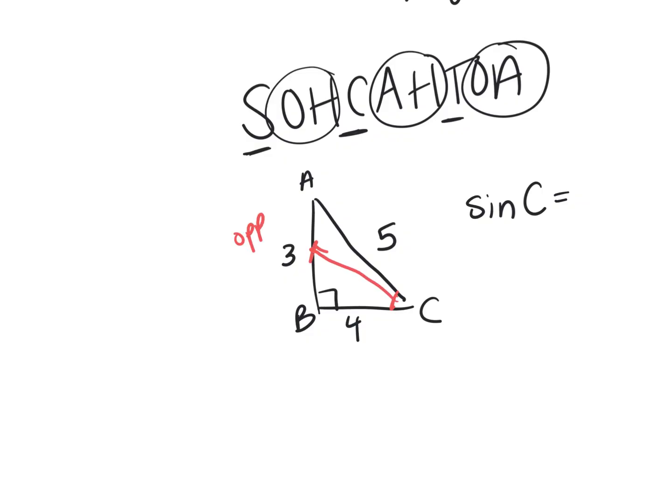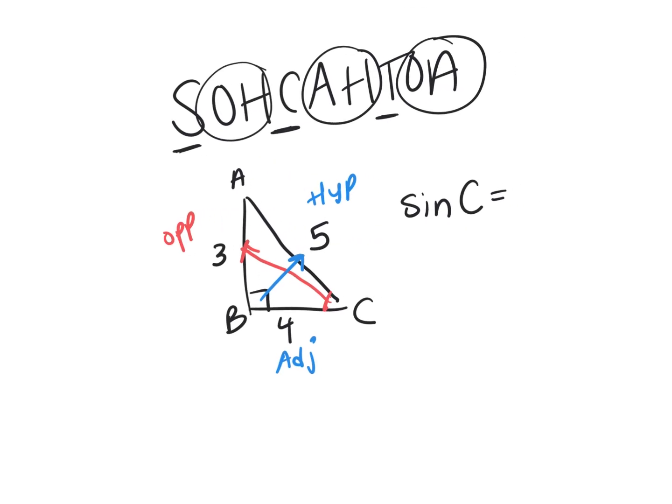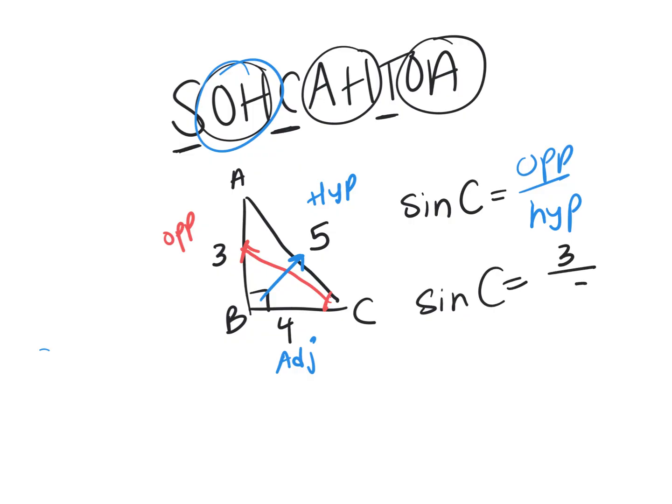You go across the 90 degree, that's called hypotenuse, and whatever's left is called adjacent. If we want to find the sine, we need SOH, opposite over hypotenuse. So then that means that the sine of C is equal to 3 over 5.